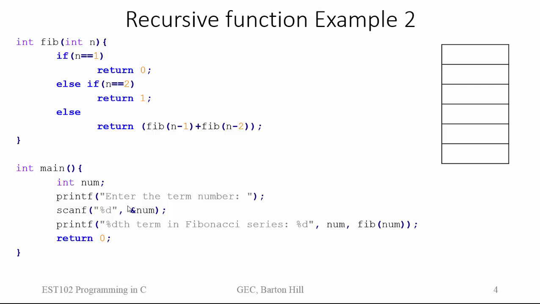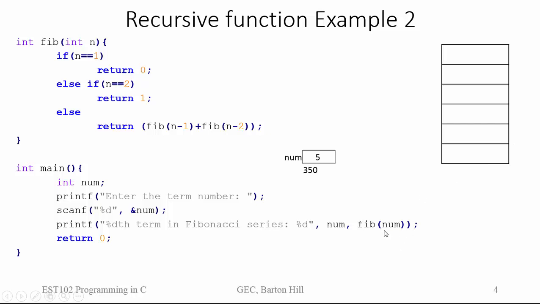Now inside the main we are just accepting a number, and then we are printing that particular term in the Fibonacci series. Okay, so now consider that our execution starts. So all the context of the main function will be stored, so the detail of num will be stored, and we are assuming that we are giving input 5, so 5 will be stored in this portion of the stack for the main function.